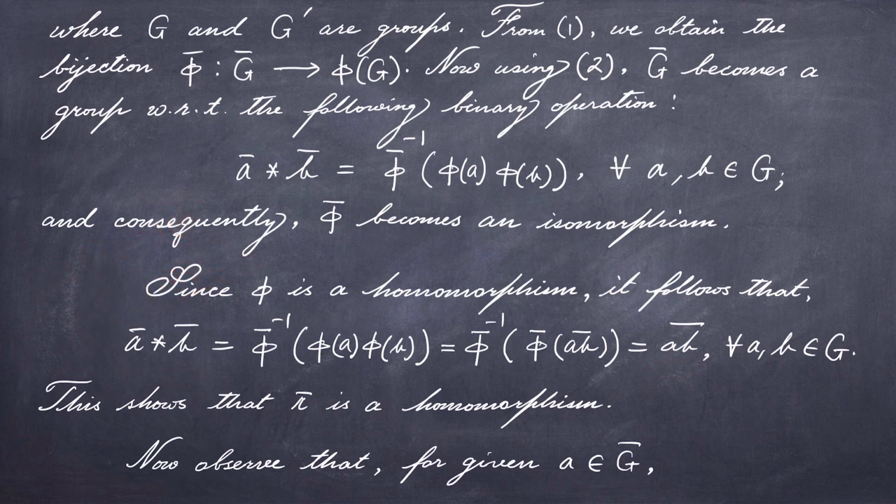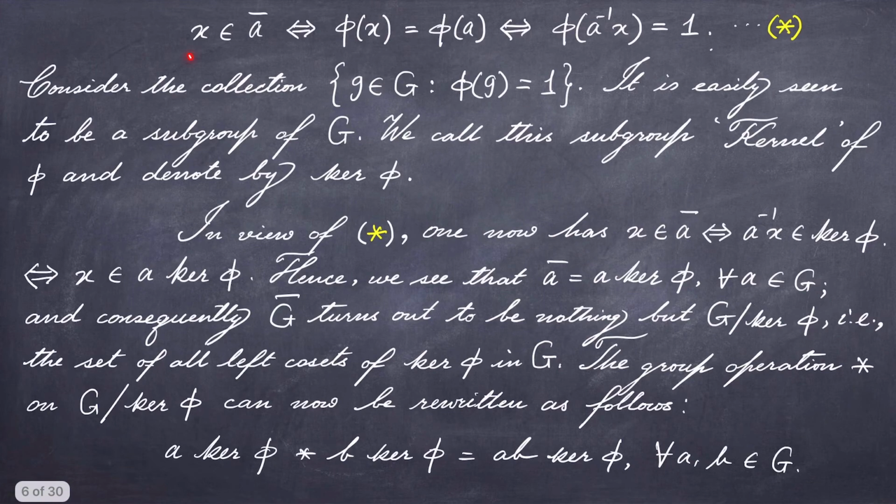Now let me use the group structure in G further to simplify this operation. Observe that for any A in G, if x belongs to A bar, that means phi x and phi A are the same.